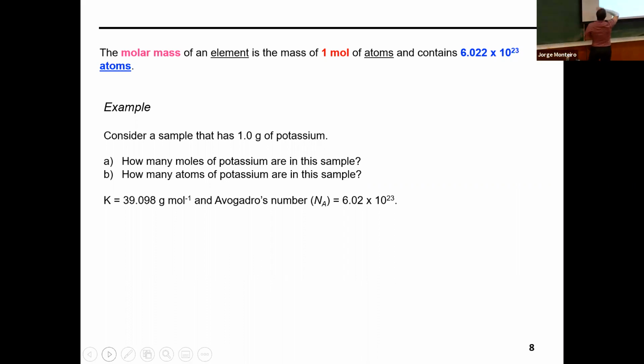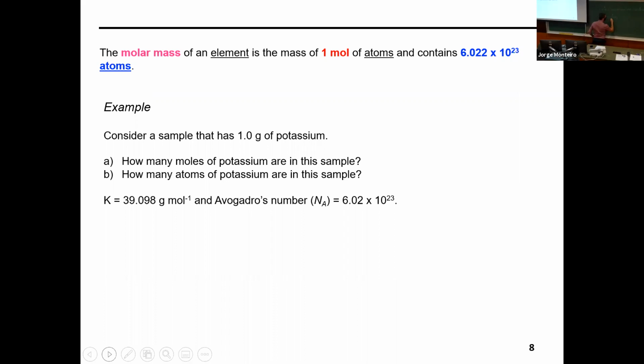The first part of the question asks the number of moles in 1 gram. So I'm going to use the parts of the conversion factor that correlates mole and mass. My first column here, mole, second column, mass. From the conversion factor, we know that 1 mole of potassium weighs 39.098 grams.